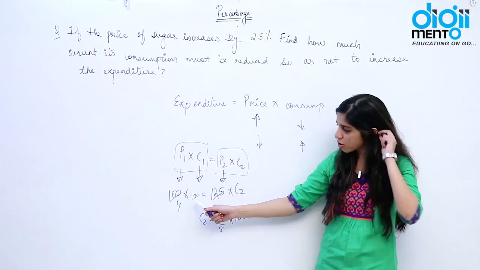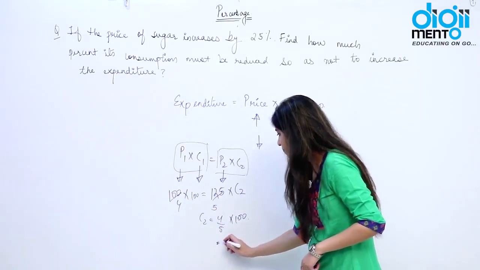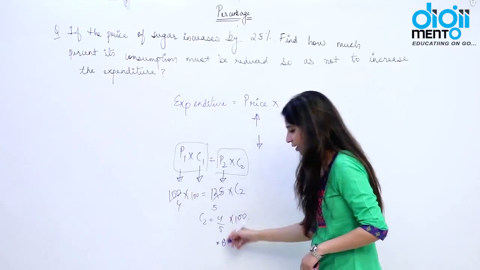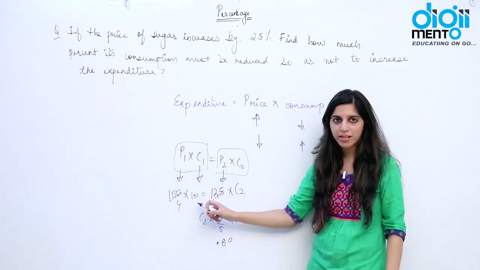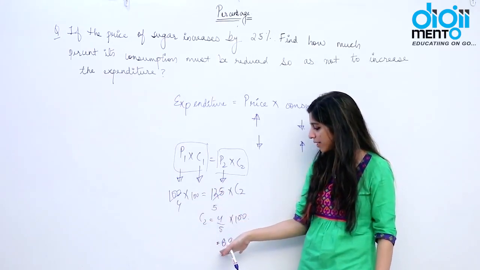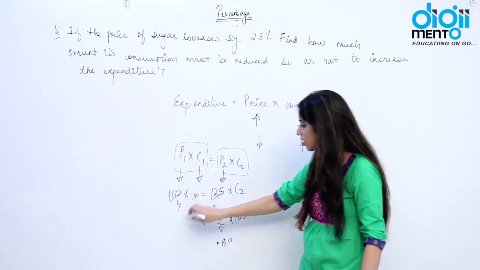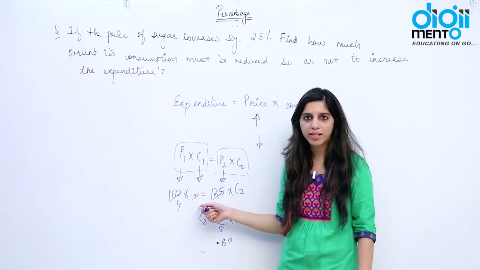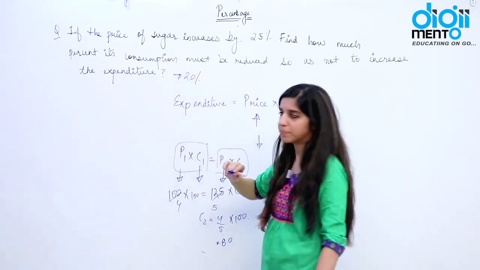Since initially also it was 100, now whatever value you get, what value am I getting? 80. 80 you are going to get, right? So see, since this was 100, already your base was 100, now the C2 became 80. Now they are asking how much percent it should be reduced. This reduced by 20, base was already 100, so directly answer is going to be 20%.